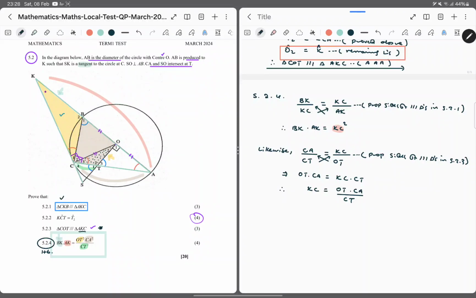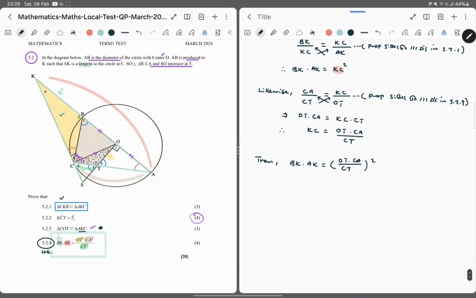Now that looks better, because remember, we can take this and substitute there. We can say then we know that BK times AK is going to be, instead of KC, we write OT times CA all over CT.